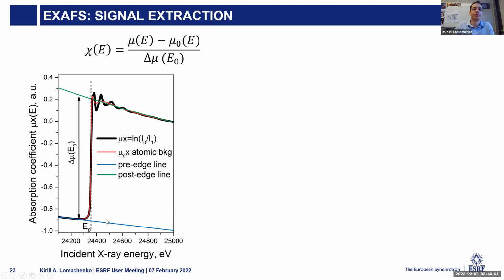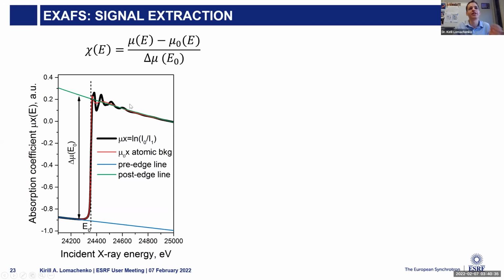Usually in most codes that do this, you have to define the so-called pre-edge line, which is here the blue line, the fit of the flat pre-edge range for the edge jump. You should define the post-edge line, which is a fit, a spline. Usually it's a parabola or it can be a straight line through the oscillatory part of the data.